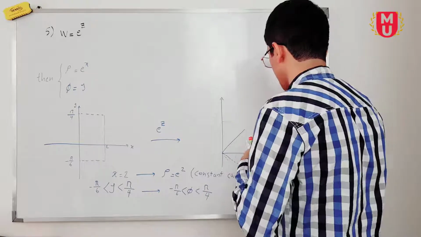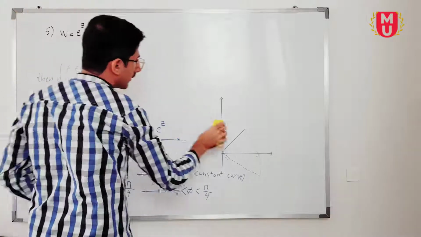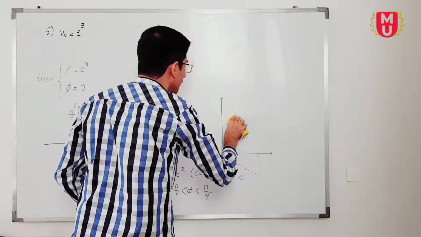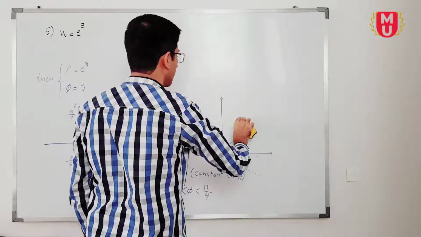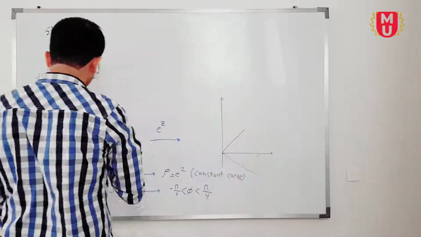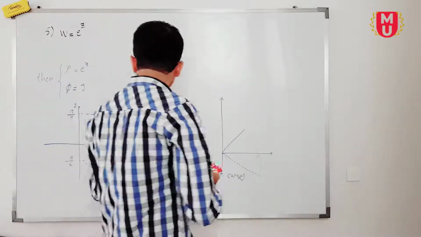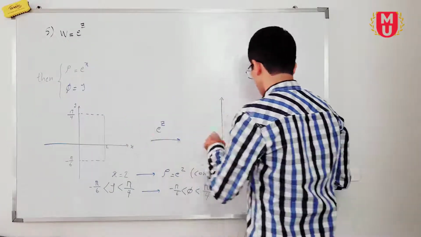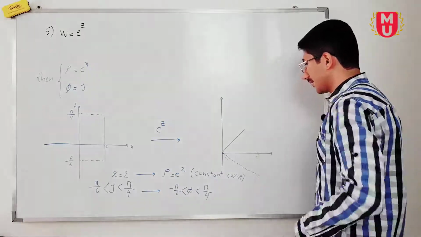That's it. We clean this out and we got our converted region. The green one is the converted line of this vertical line.